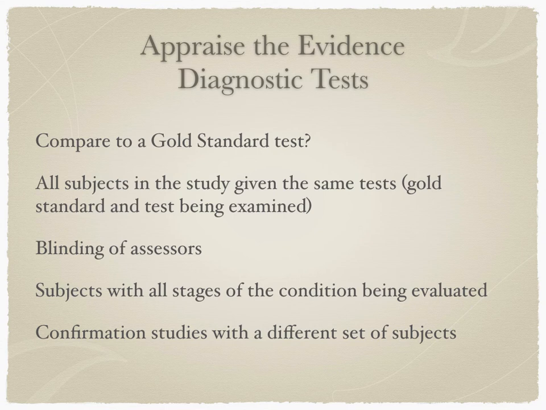Was there blinding of assessors and of patients or subjects? Were subjects with all stages of the condition being evaluated? And was this stage early on or later in the course of the disease process? And finally, was there a confirmation study done with a different set of subjects?